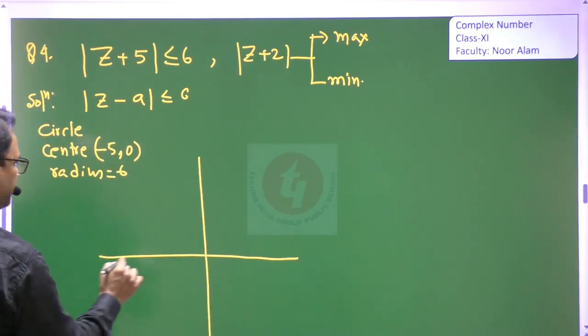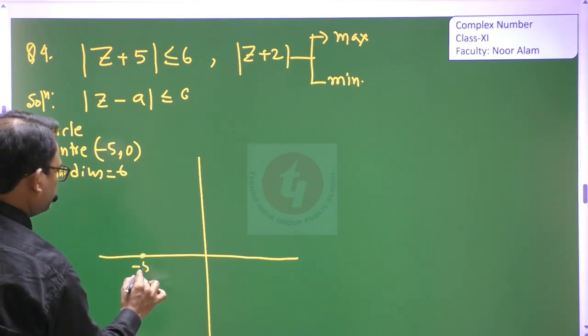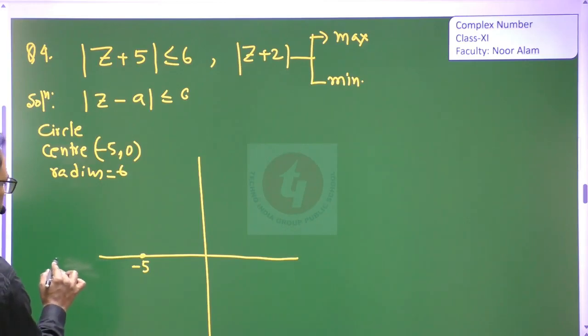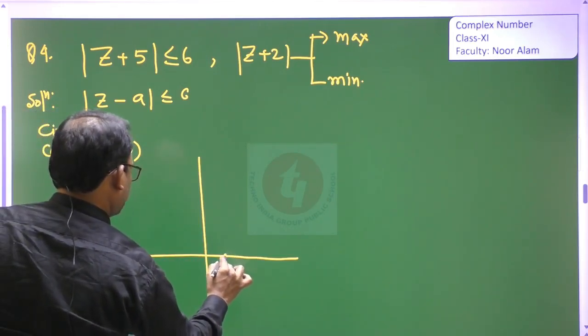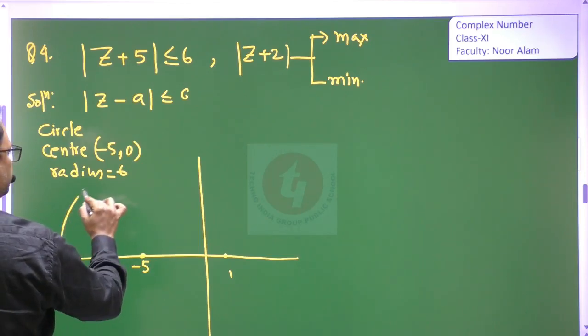Take minus 5 here, and the radius is 6. So if you subtract 6 here, it will be minus 11, and if you add 6 here, it will be plus 1. Like this, our circle will look like this.